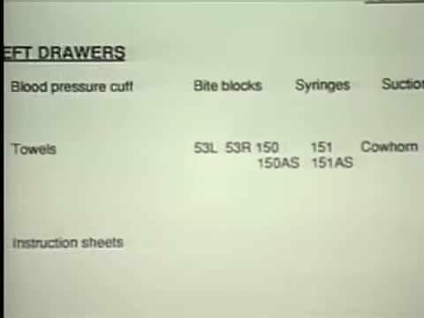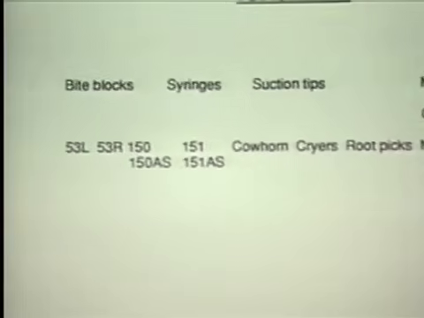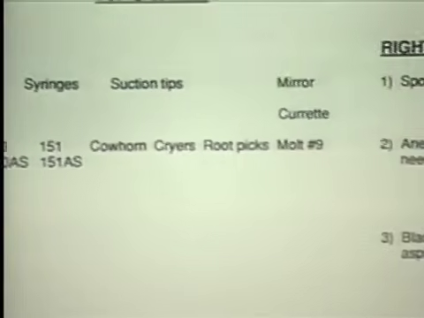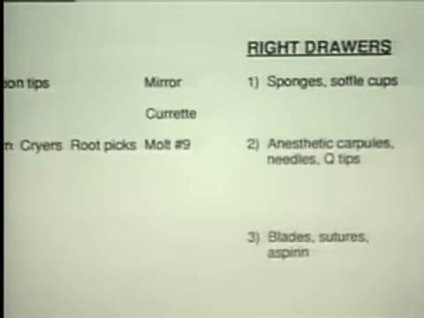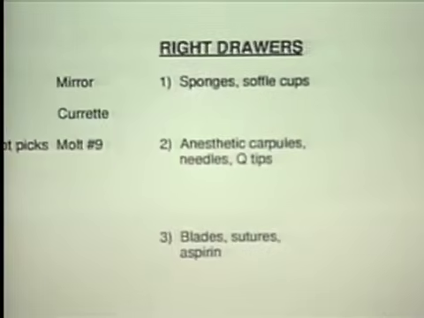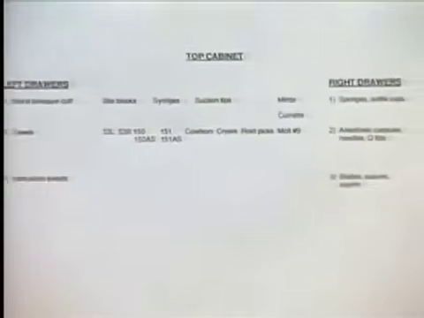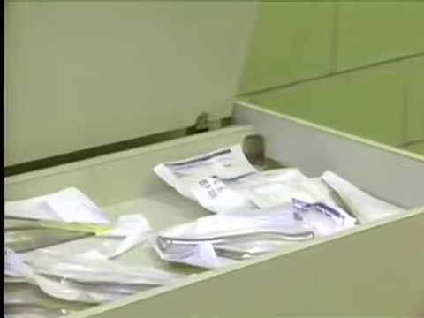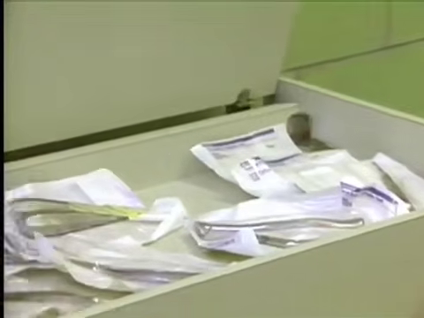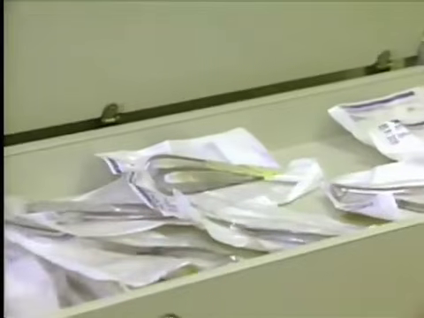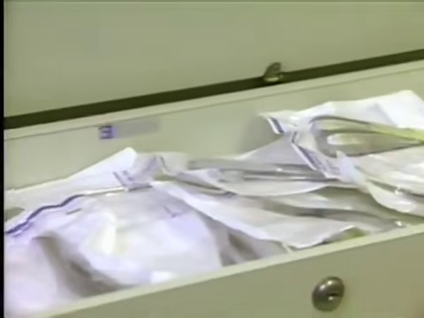The instruments required to complete the surgical procedures are listed in this chart that you are now observing. This chart will be posted on the wall above the instrument cabinet in each of the operatories. The instruments in the top compartment are individually wrapped because they have been sterilized.